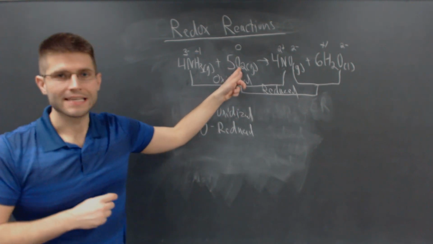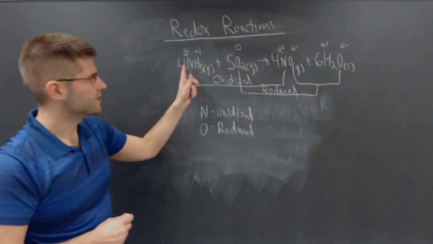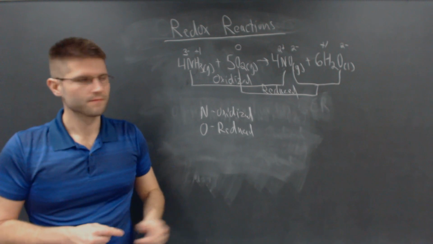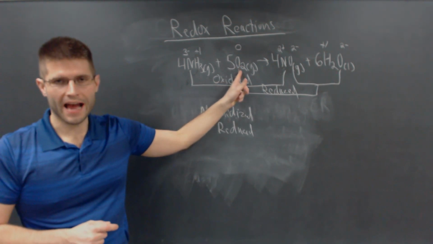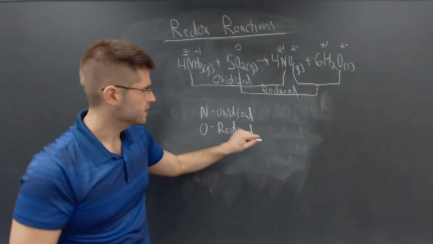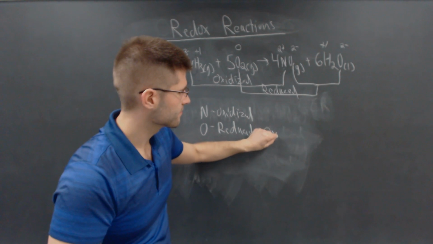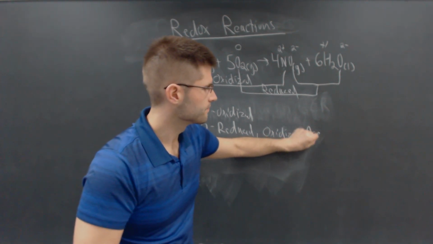Oxygen gained electrons in this reaction, which means it allowed the nitrogen to lose electrons. So the molecule of oxygen is actually your oxidizing agent. Even though it was reduced, it's called your oxidizing agent.